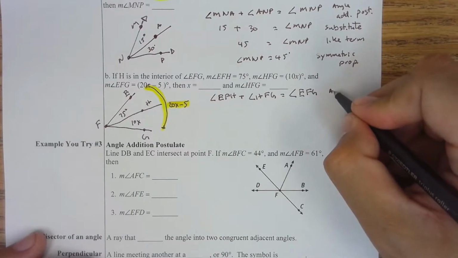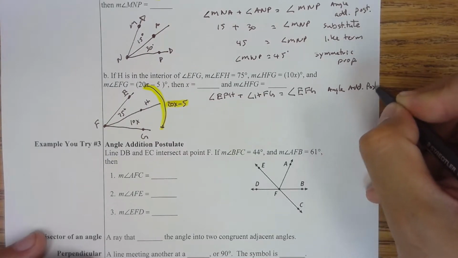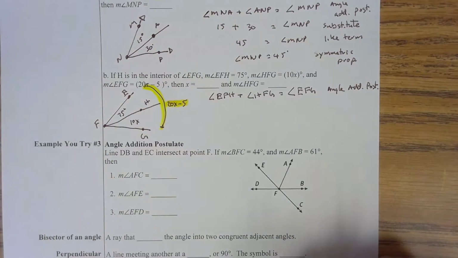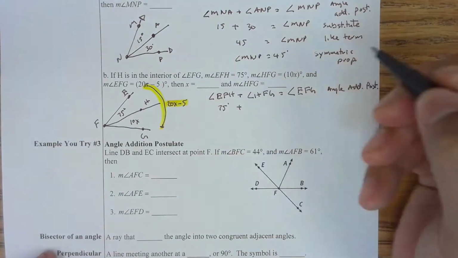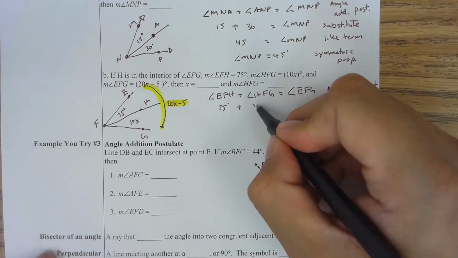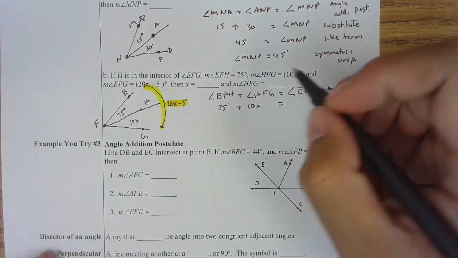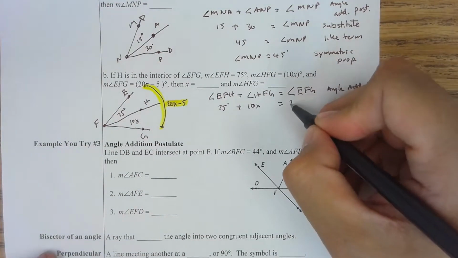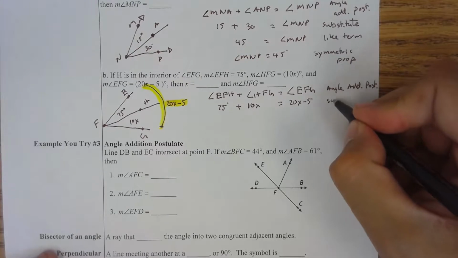So we know that's the angle addition postulate. And then we just substitute in. This is 75. We know that HFG is 10x. And it's equal to EFG, the whole thing, so 20x minus 5. So here we just substitute.